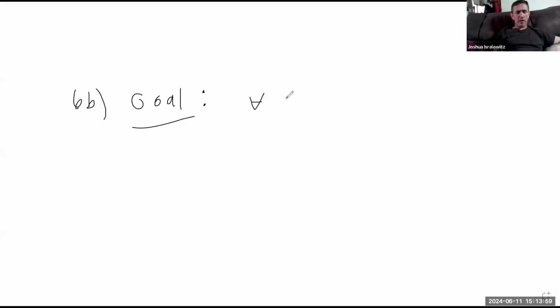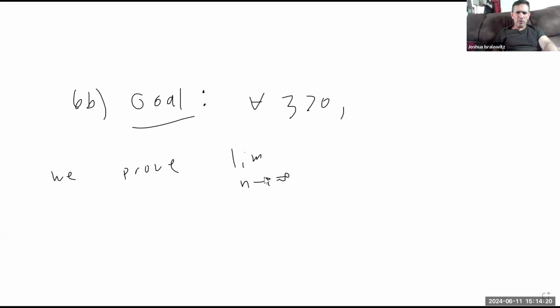So for any eta bigger than 0, just the usual definition, it's on 0 to 1. So this measure here.